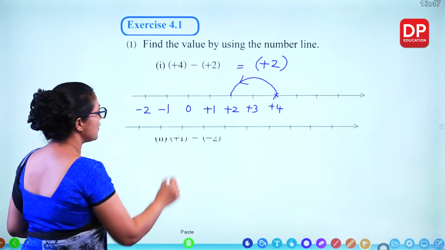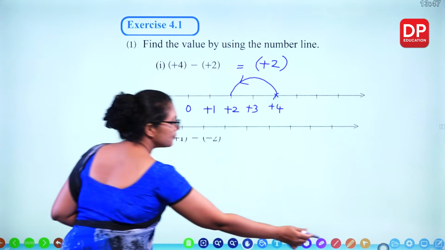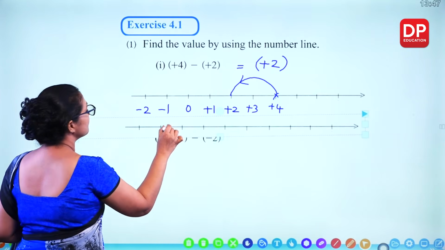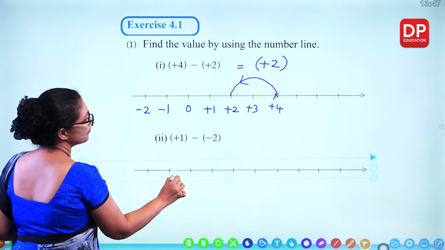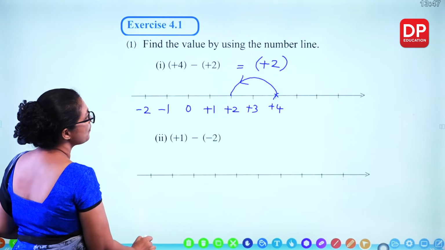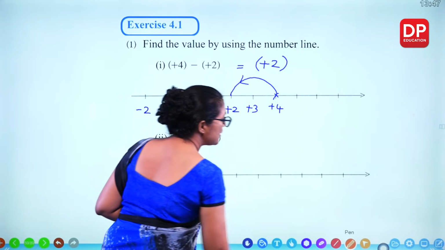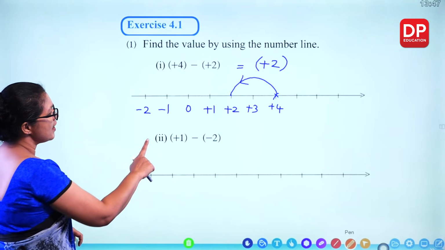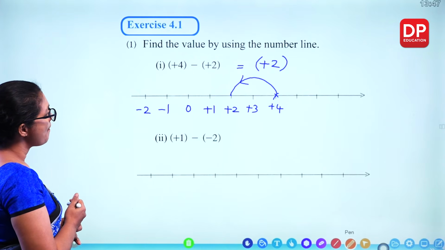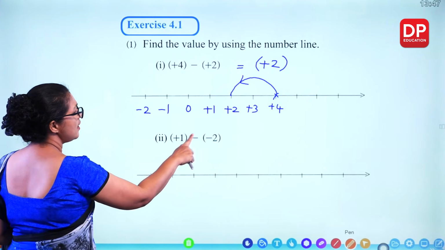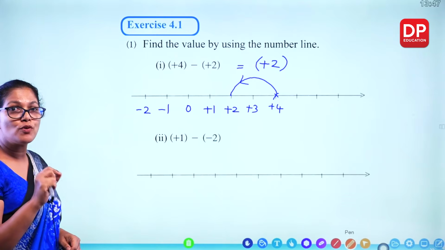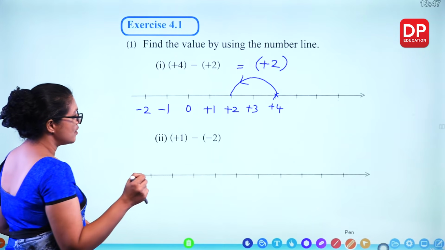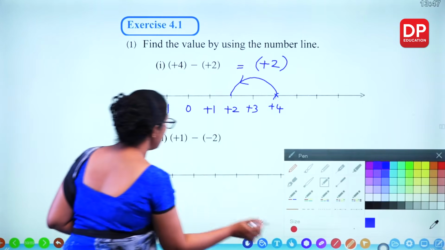Take a number line for this. Now how we label this? So here starting point is +1 and here minus means moves towards right side. So we can start from here.